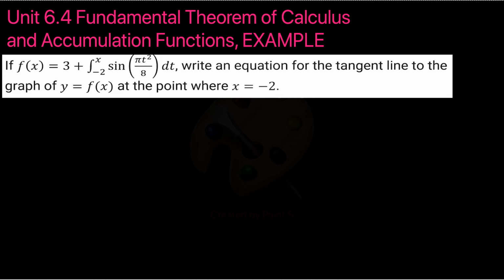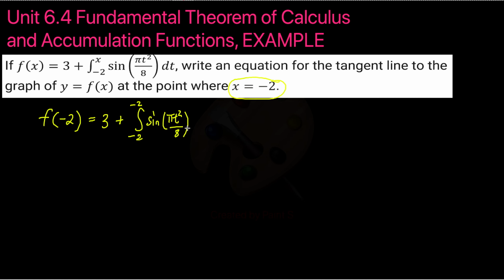Well, the point that we're talking about is when x is -2. So let's see what we have. So I got x is -2. I want to find the y value. So I do f of -2, and let's see what I get here. Equals 3 plus the integral from -2 to -2 of sine pi t squared over 8.